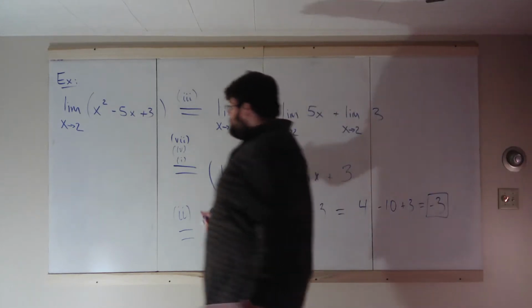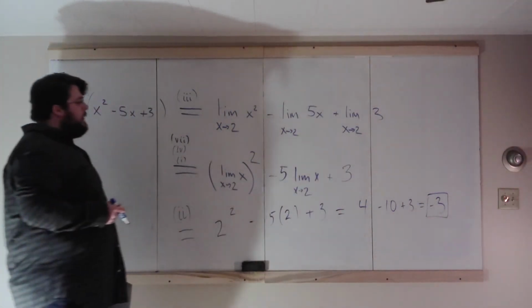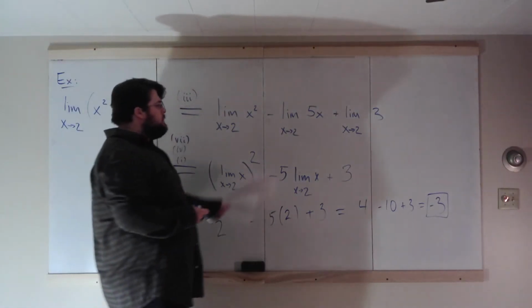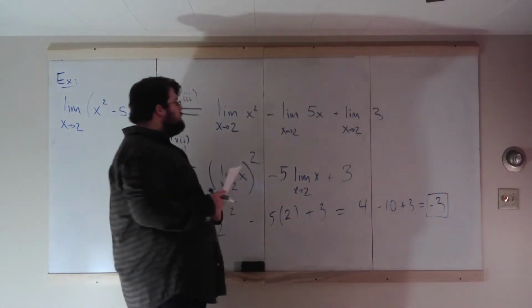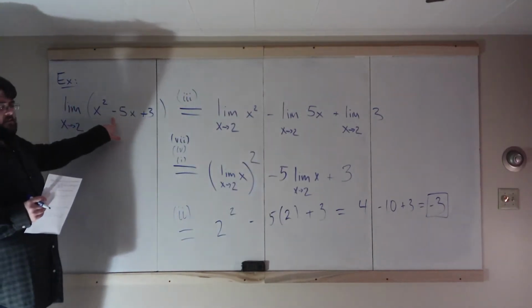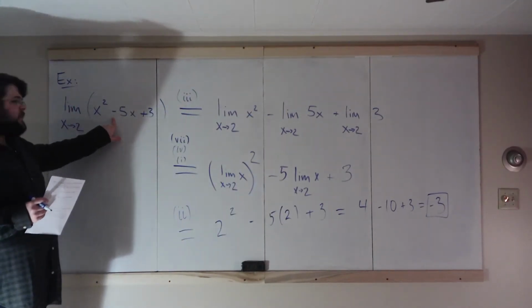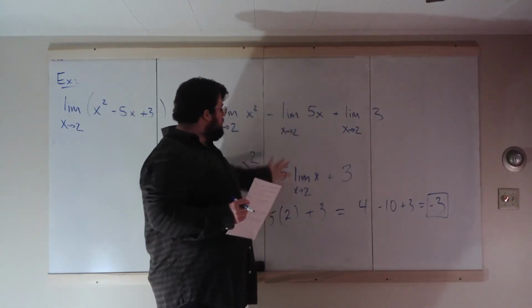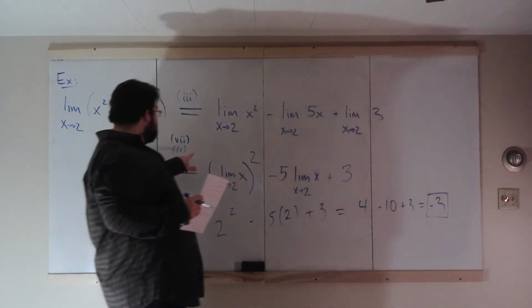And similarly for a quotient. But notice 2 things. 1, if you interpreted this negative 5x as adding a negative 5x, you'd get a positive here and a negative here, and then you'd pull out a negative 5 using rule 4 again.